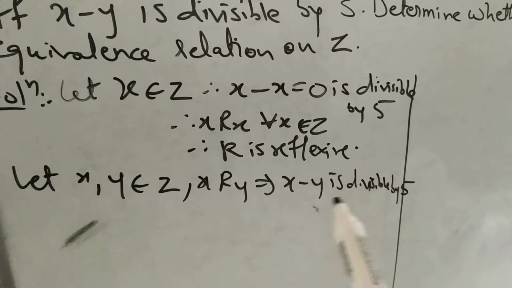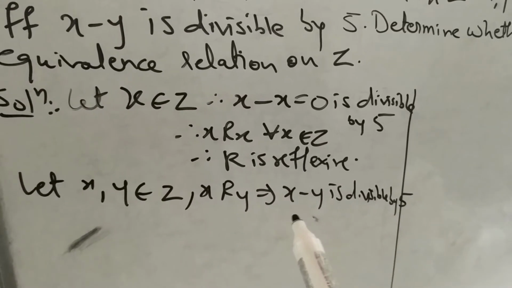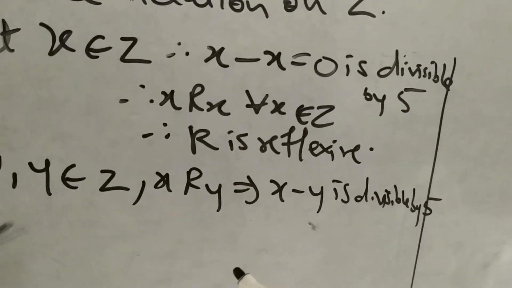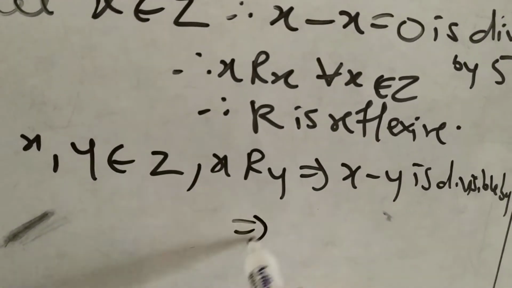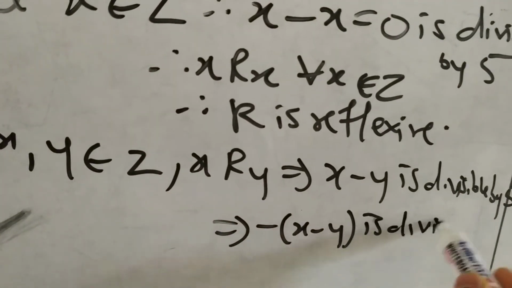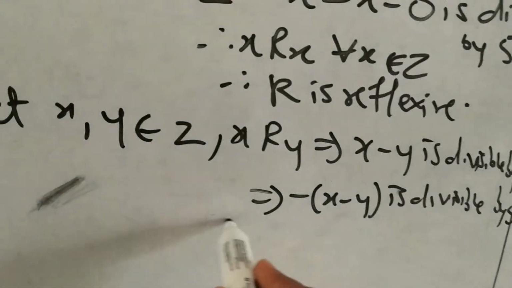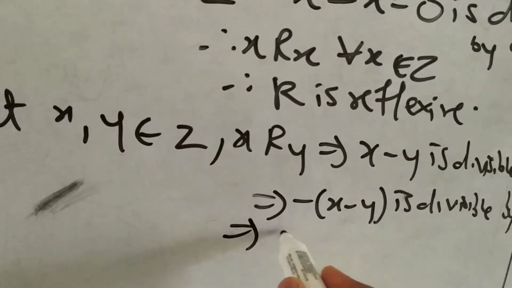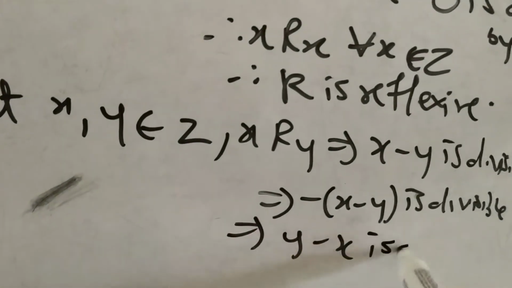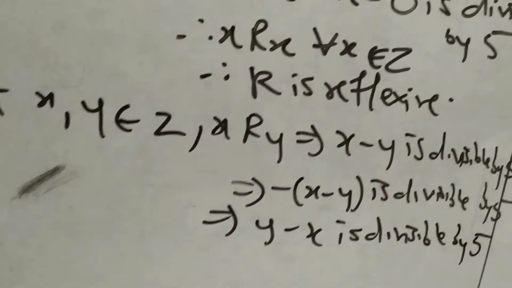So I'll give you one example here. If I say 10 is divisible by 5, then minus 10 is also divisible by 5, right? Therefore I can say here that minus of x minus y is divisible by 5, and minus of x minus y is nothing but y minus x, which is divisible by 5.